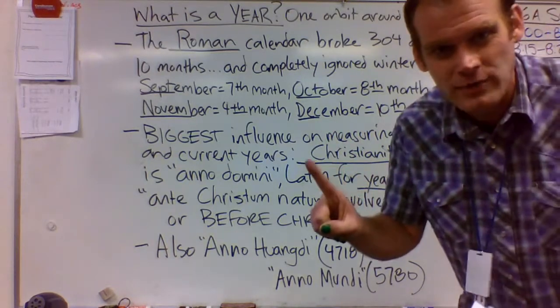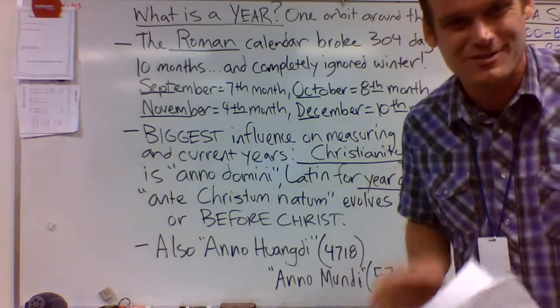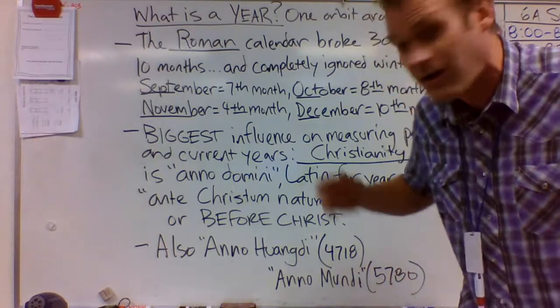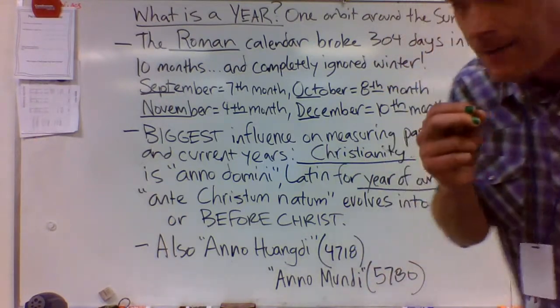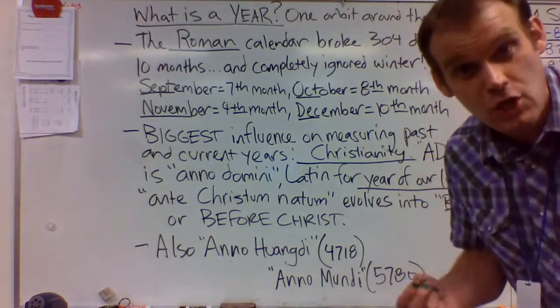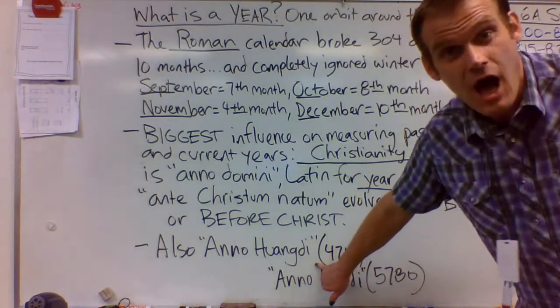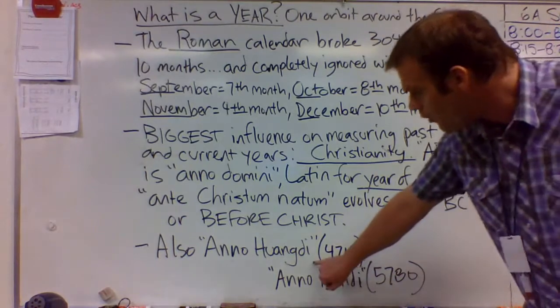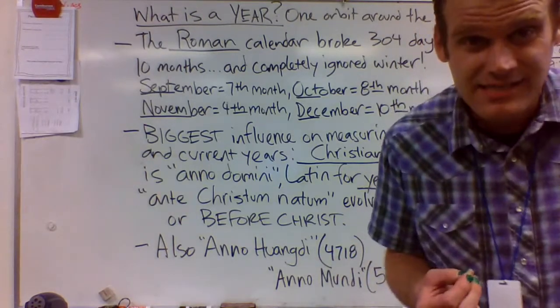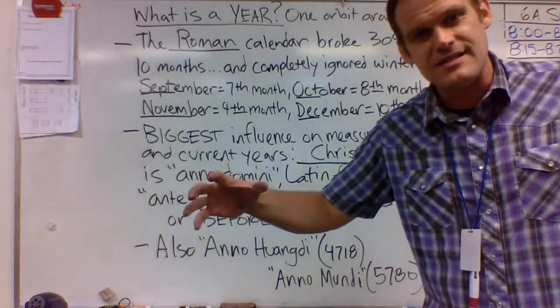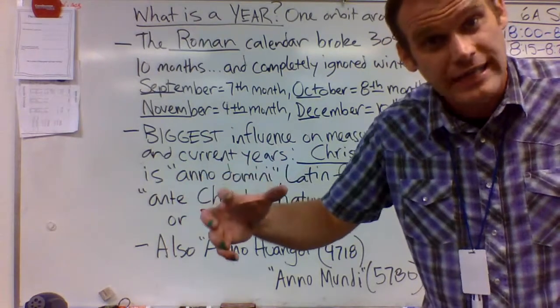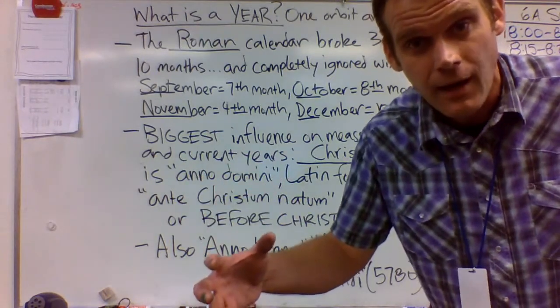They're not the only number systems that we use for years, though. This is important that we understand this. There are also very important ones that are in use to this day. One good example would be what's known as Anno Huangdi. Anno Huangdi is used on the Chinese calendar, where the new year is not in January, but generally in February, okay?